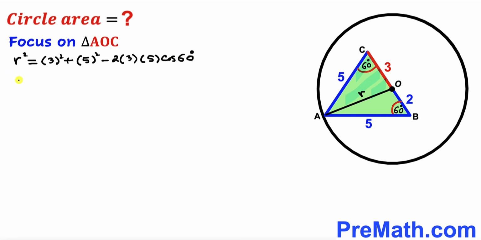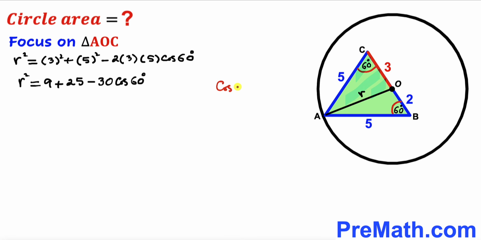Now let's simplify. We get r squared equals 9 plus 25 minus 30 times cosine of 60 degrees.